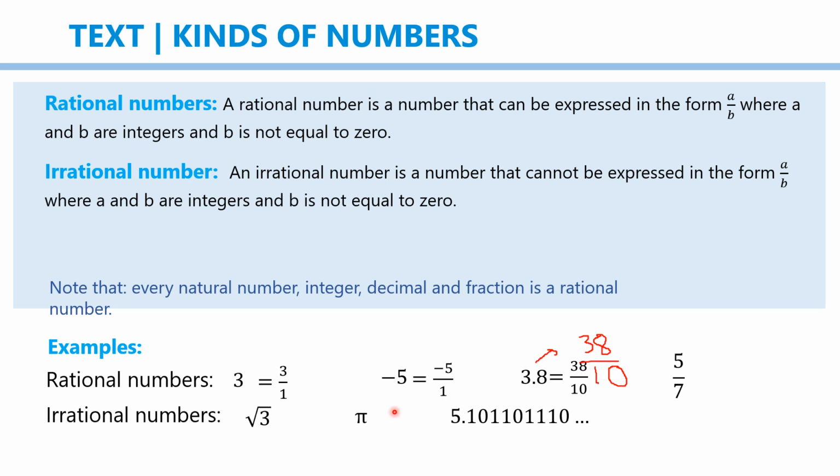Pi, no, I cannot write it as a fraction. It's not a decimal number because the decimal part is not limited. So these numbers are irrational numbers. Irrational numbers are few in our life. We usually don't work with them.